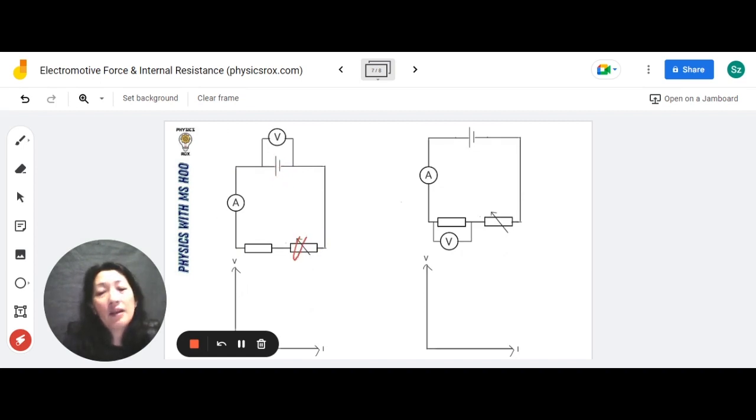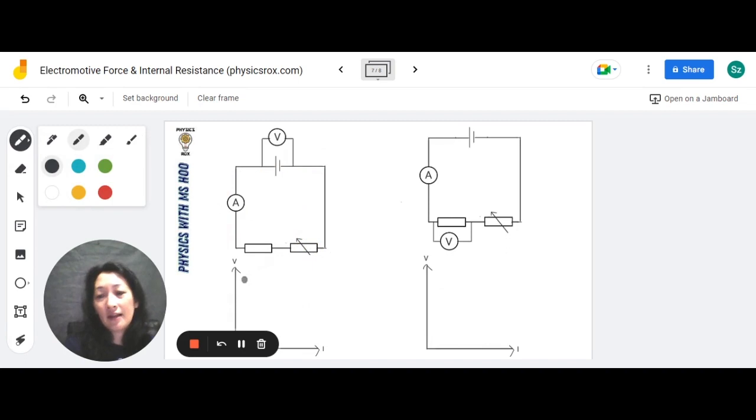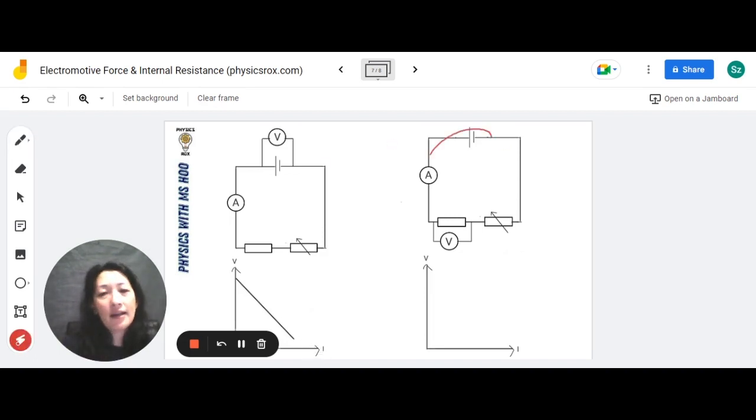So as the resistance of the variable resistor changes, the current will change. Basically, it changes in such a way that the graph will have a negative gradient line. On the other hand, this graph is just measuring the potential difference across the fixed resistor.